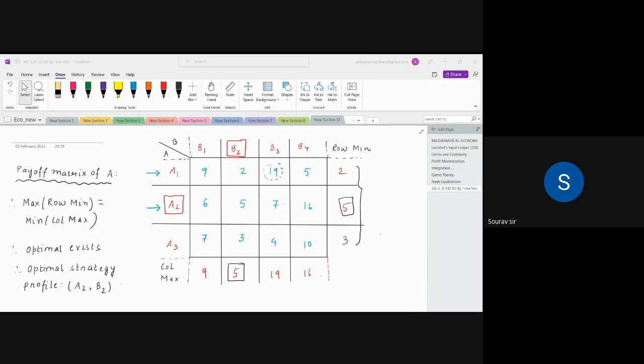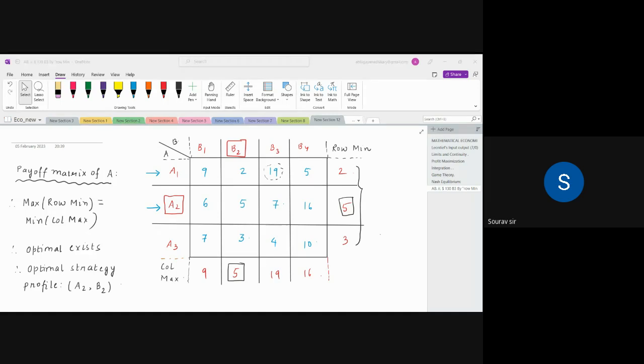And that is why player 1 is choosing the maximum of these row minimums, and that is becoming his optimal strategy. Okay. I request all of you to reply with a yes or no if you understood what I just said, or you lost me somewhere. Yes, sir. Others? Yes, sir. Yes, sir. Okay.